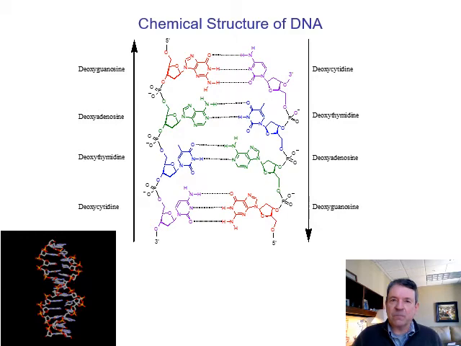So as a starting point, my group is very interested in how the structures of nucleic acids come to be, why they are the way that they are, and how this affects the way that nucleic acids interact with other molecules, small molecules or proteins, in a biological system.